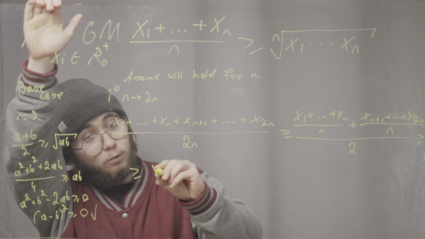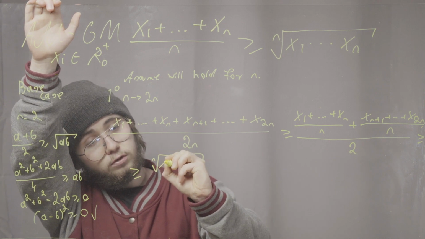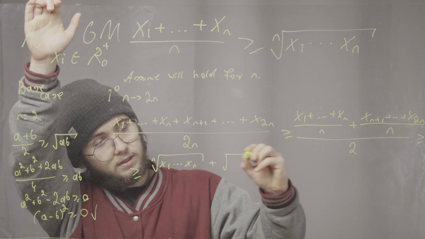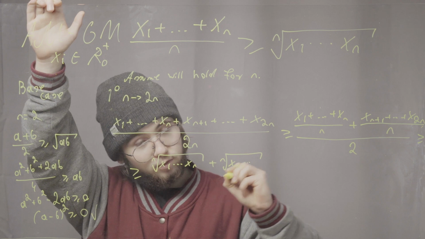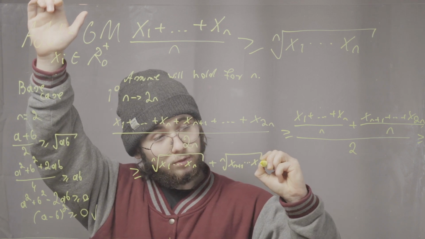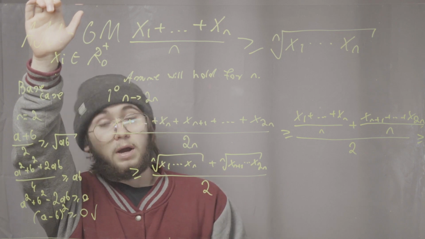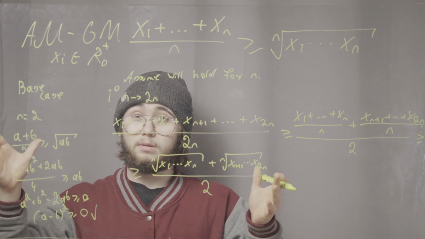Anyway, so we can say, by the assumption, this is actually greater than or equal to the nth root of the product of the first n terms plus the nth root of the product of x's from the n plus 1th one up to the 2 times nth one, and then everything divided by 2. However, now notice that those two are just some arbitrary numbers.